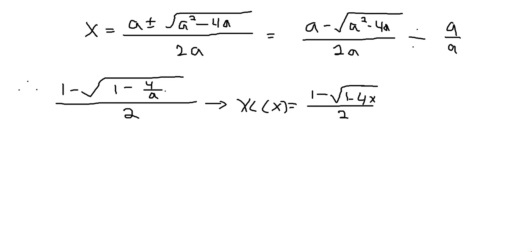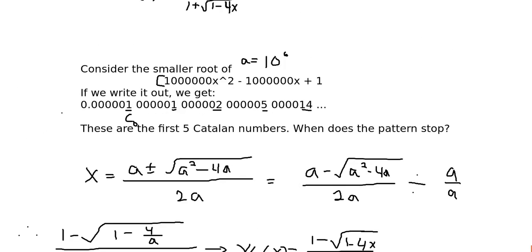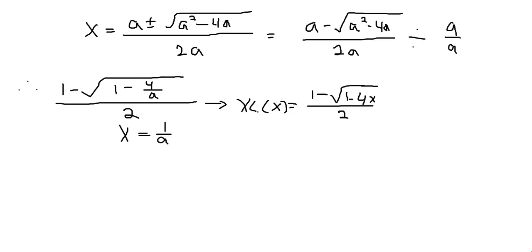So we know that x is equal to 1 over A. So what does this mean for us? This means that we're actually evaluating the Catalan generating function, so we have 1 over A, and then an infinite sum of the Catalan number times 1 over A to the n.